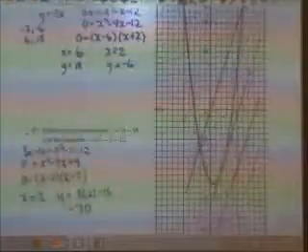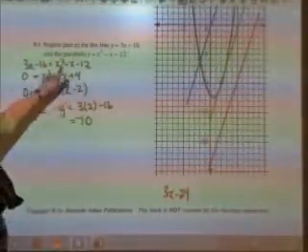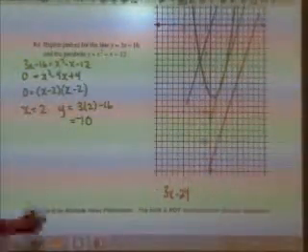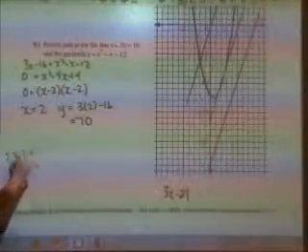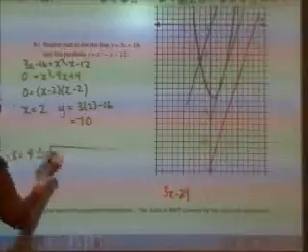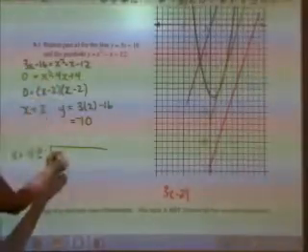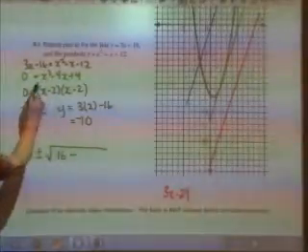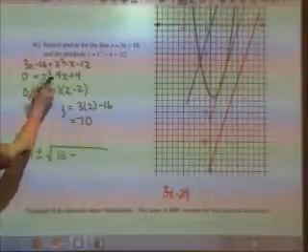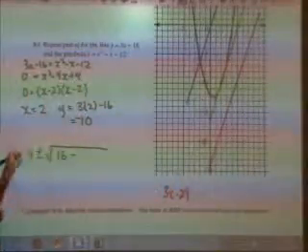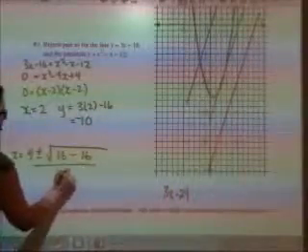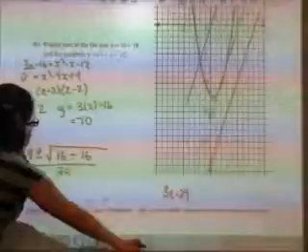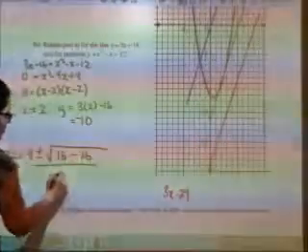So if we go back to this equation right here and put that into the quadratic formula, negative b would be positive 4 plus or minus the square root of b squared, which would be 16, minus 4 times a, which is 1, times c, which is 4. So 4 times 1 times 4 is 16, all over 2a, or 2 times 1, which would be just 2.